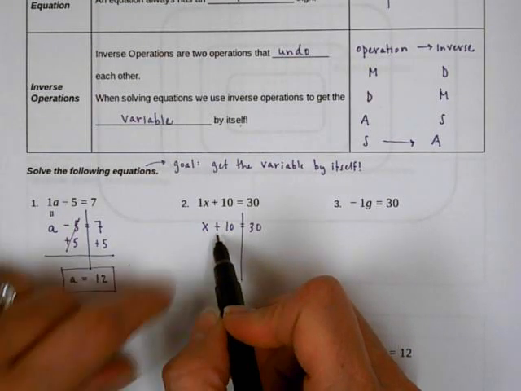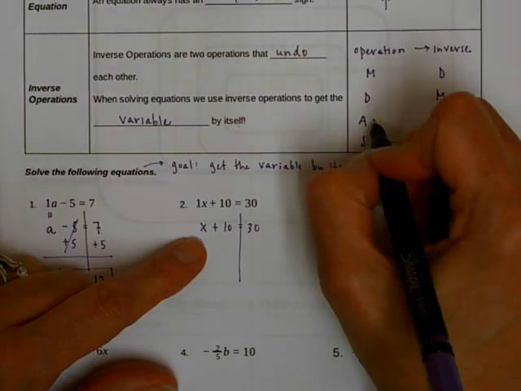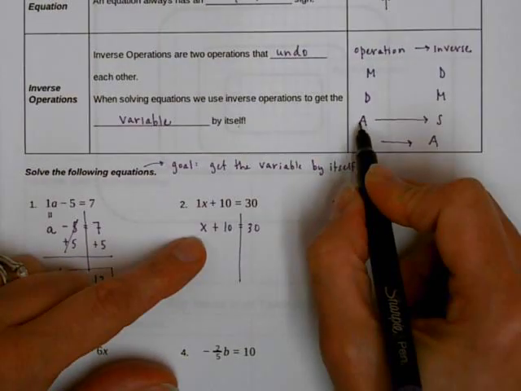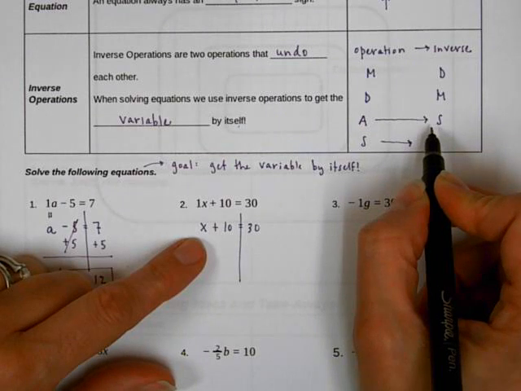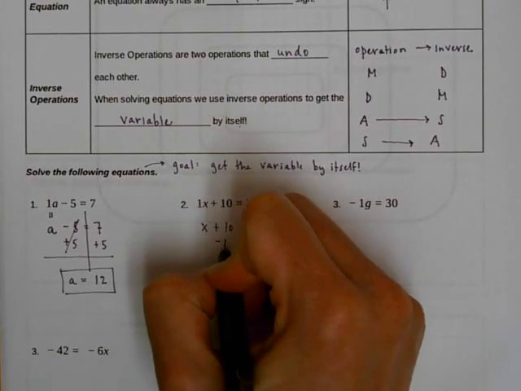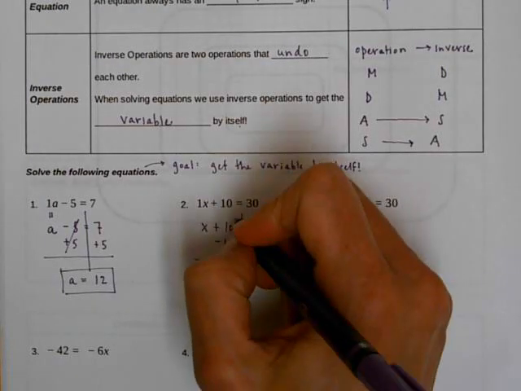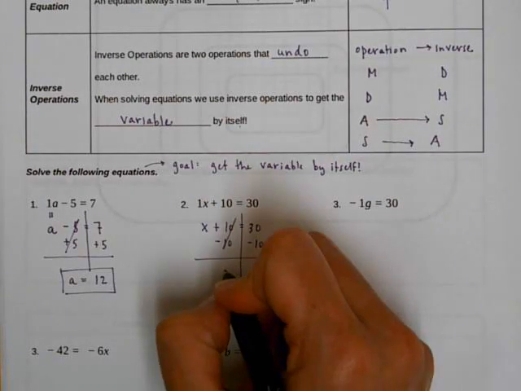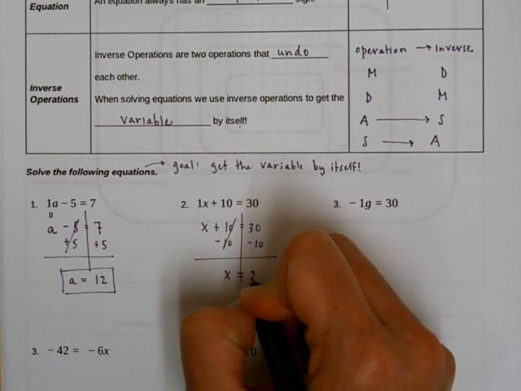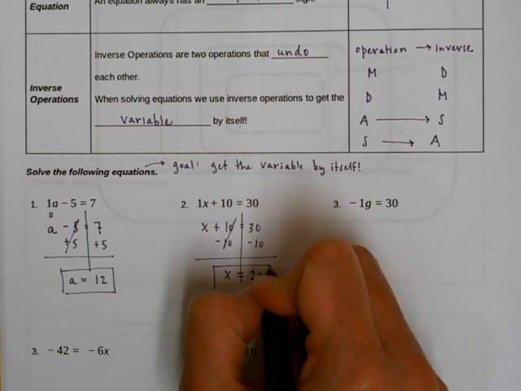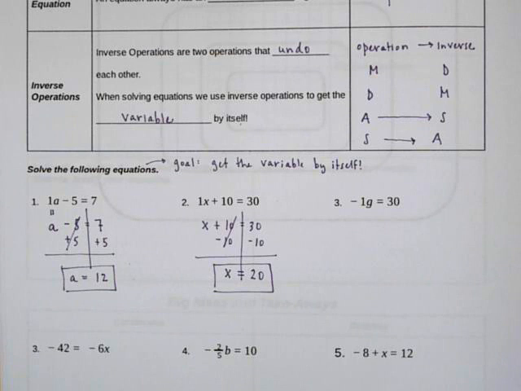I know I need to undo addition, and again, I undo addition using subtraction. So instead of adding 10, I'm going to subtract 10 from both sides. 10 minus 10 gives me 0, so that cancels, and I get x is equal to 20. So that's my answer.